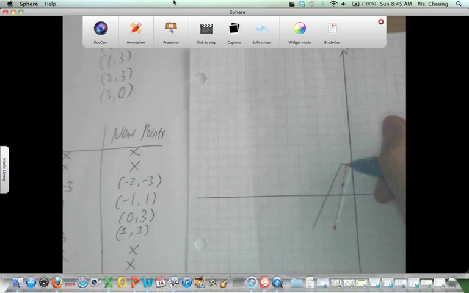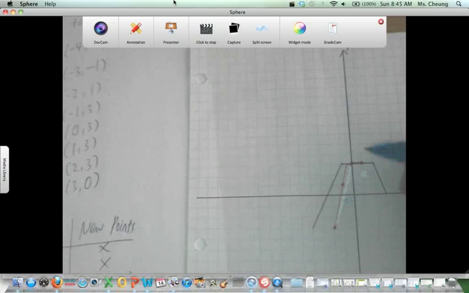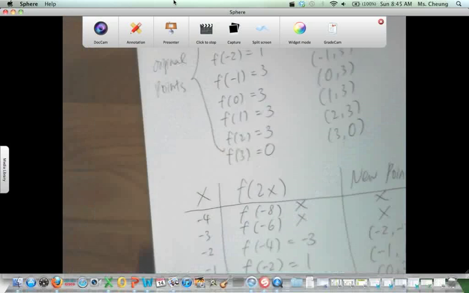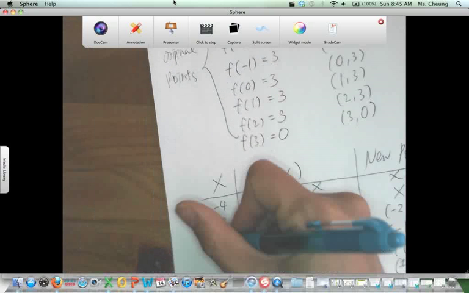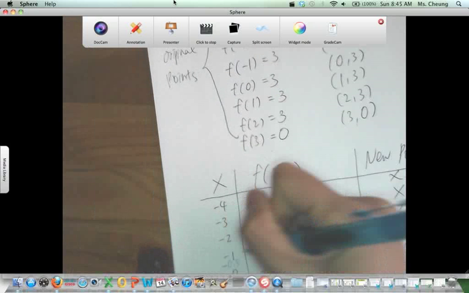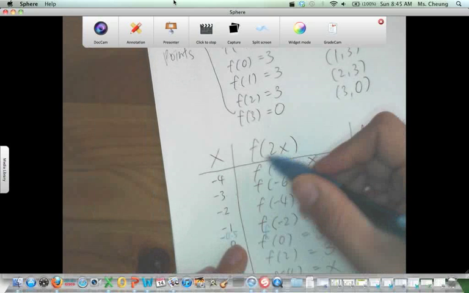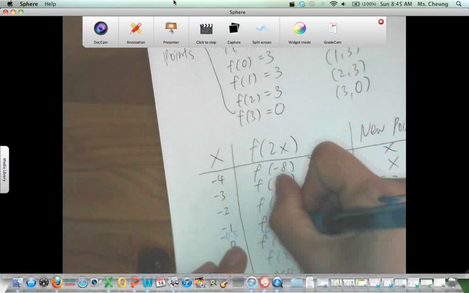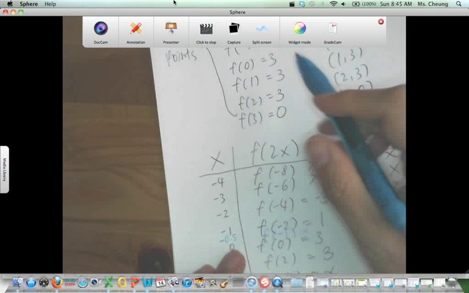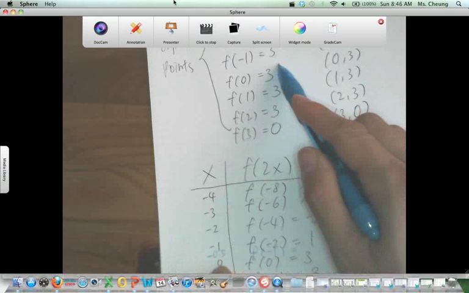You can either check what the point is when x is negative 0.5, or you can just draw the line. Now I want to check when it is negative 0.5. So f of 2 times -half gives me f of -1, and f of -1 equals 3.